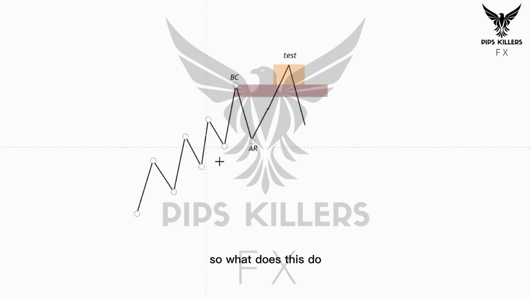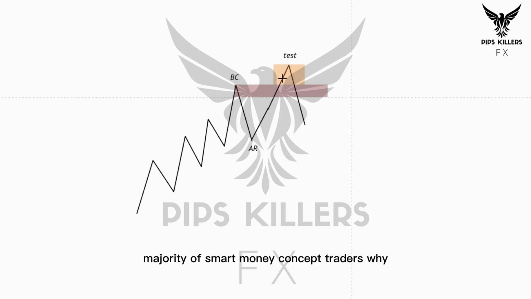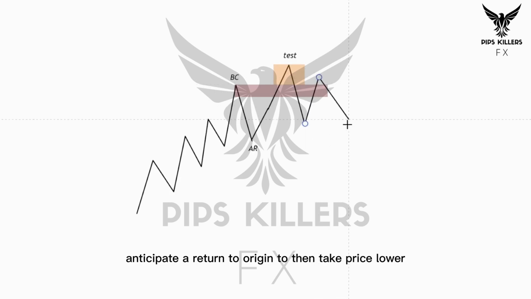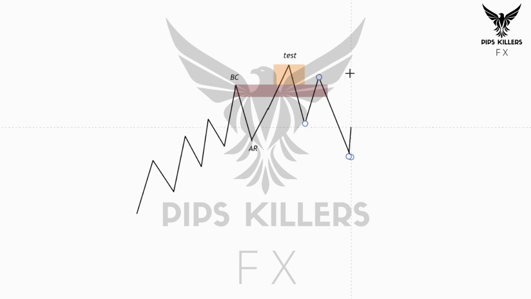So what does this do? This now is a trap for majority of smart money concept traders. Why? Because now smart money concept traders anticipate a return to origin to then take price lower. But what happens instead?